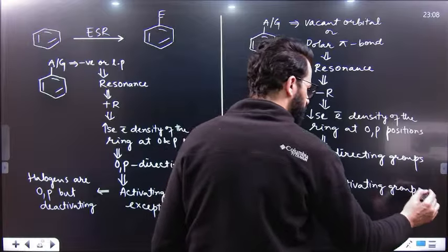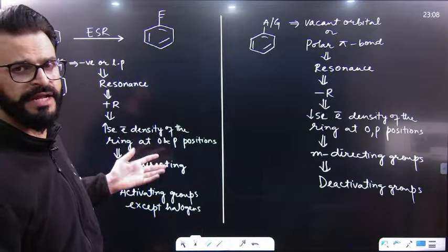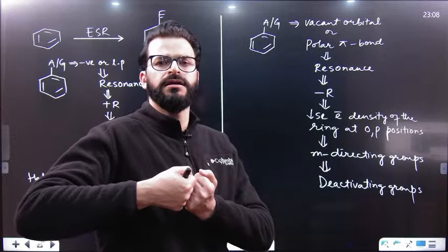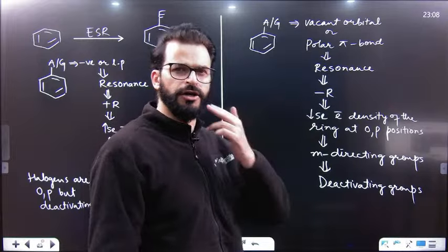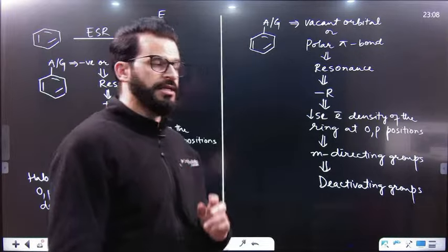So those groups which show plus R are activating as well as ortho-para directing except halogens, but those groups which show minus R decrease electron density at ortho and para positions, hence they are meta directing and deactivating groups.